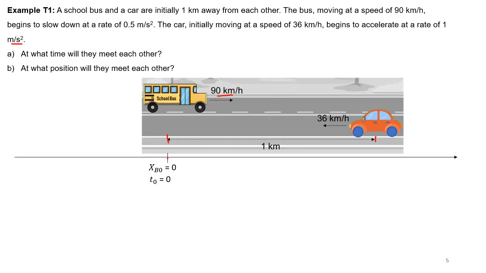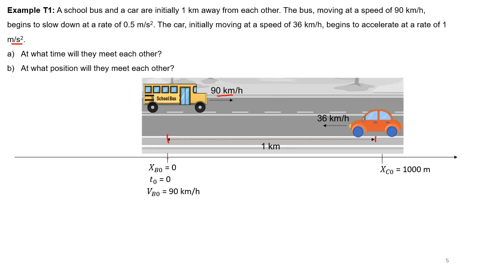Now you know that the car from this position is 1 kilometer away, right? So 1 kilometer is 1000 meters. So initial position of the car xc0 is 1000 meters.